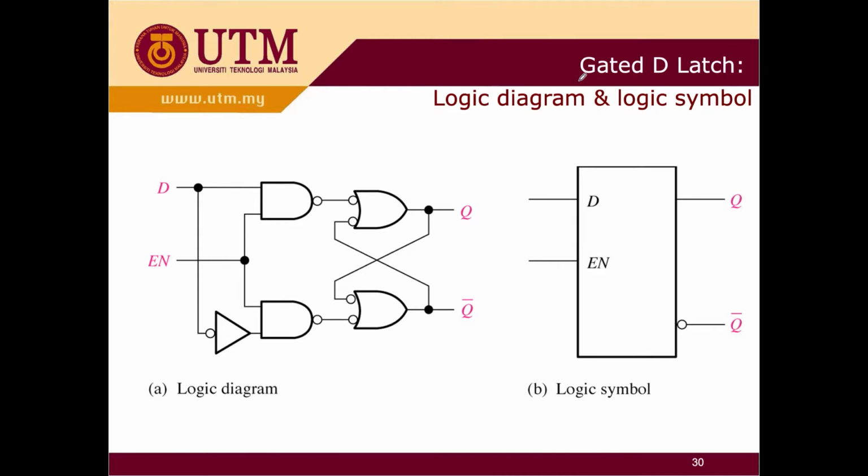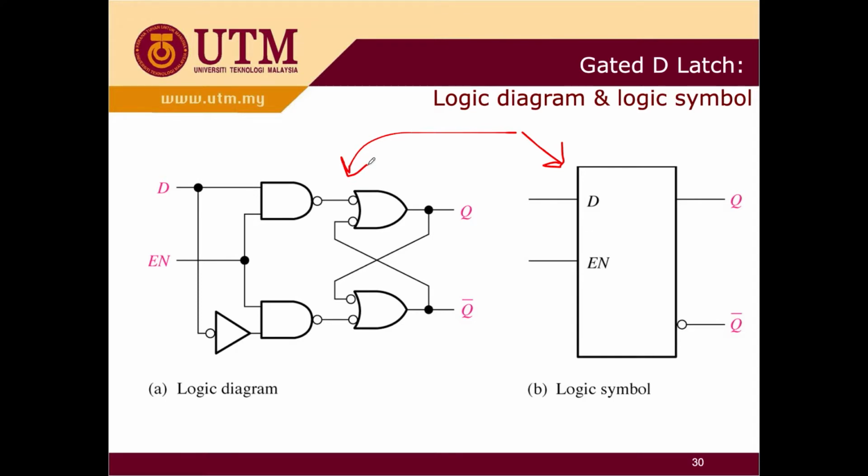So what's next is under gate D latch. You can see over here that normally you will be given only the logic symbol. As I already repeated in your class, you are given only logic symbols, but inside of this you have the logic diagram circuit.